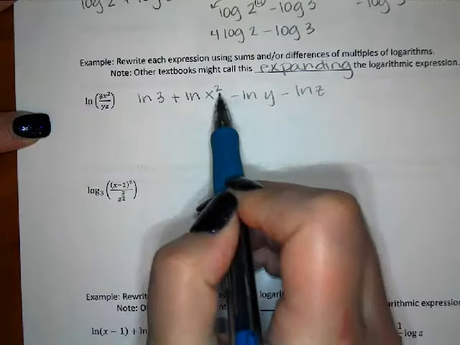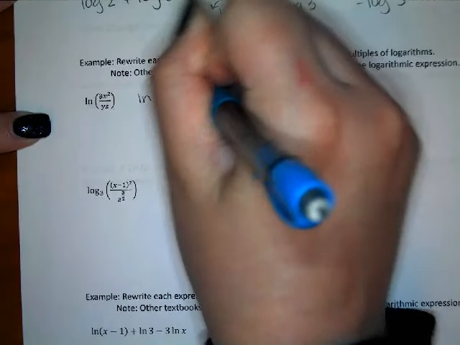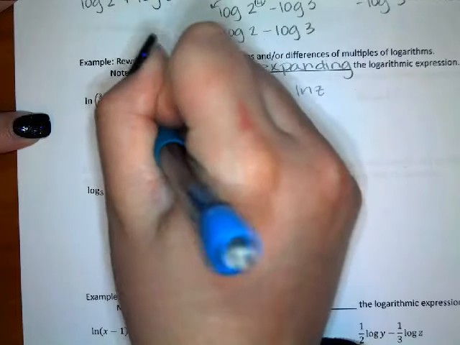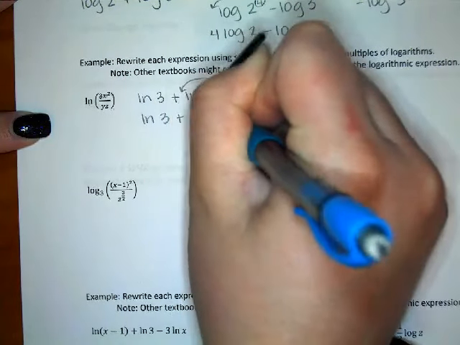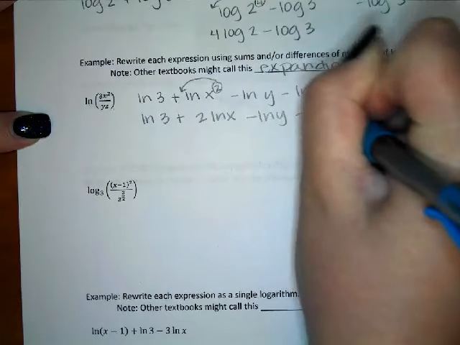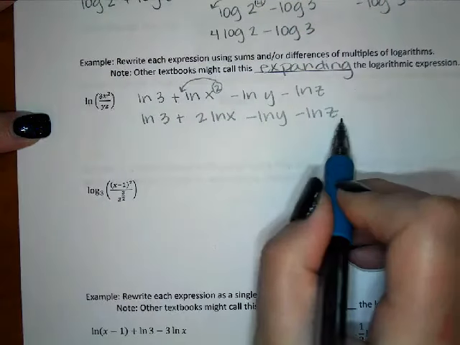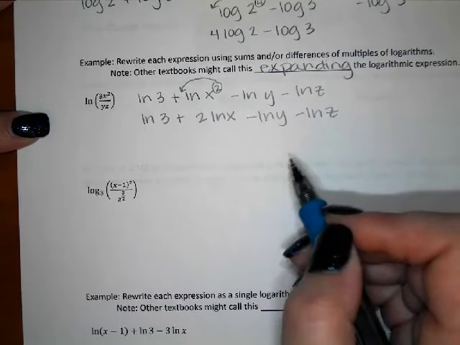And then I can go through and say the x squared has the exponent, so I'm going to take that and move it to the front. So I have ln 3 plus 2 ln x minus ln y minus ln z. So this is a great answer right here, probably the most common way I would see the answer to be written.